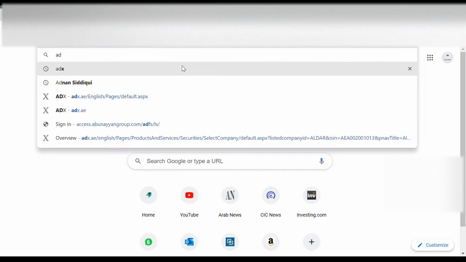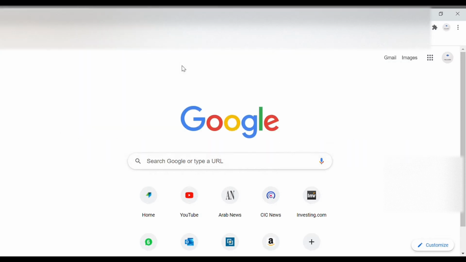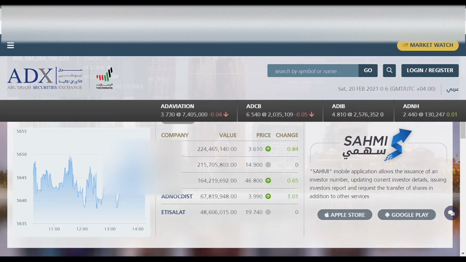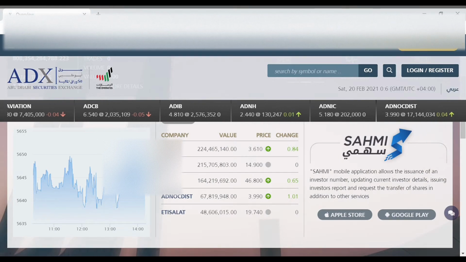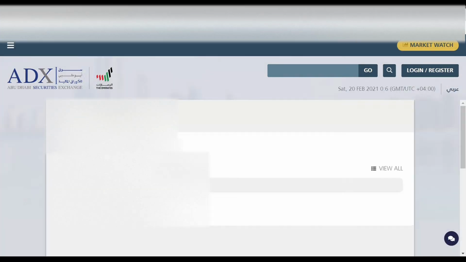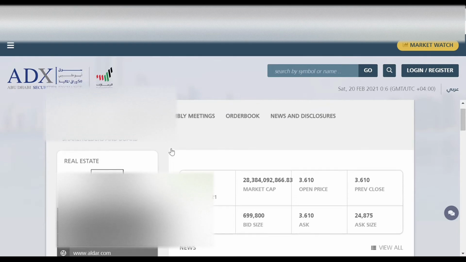So let me take you to this website called ADX, which is the UAE stock market, the Abu Dhabi stock market. On the front page, I'll just go to this company, and it opens another window and gives you some highlights of the stock or the company.